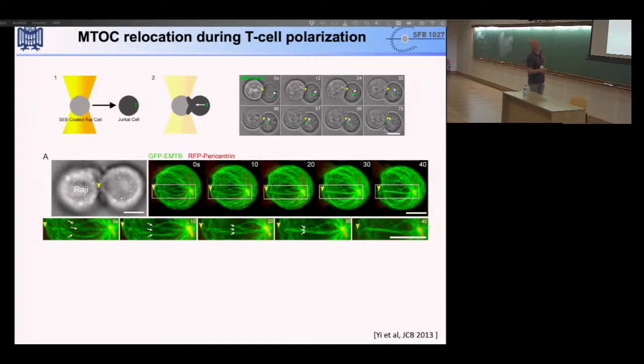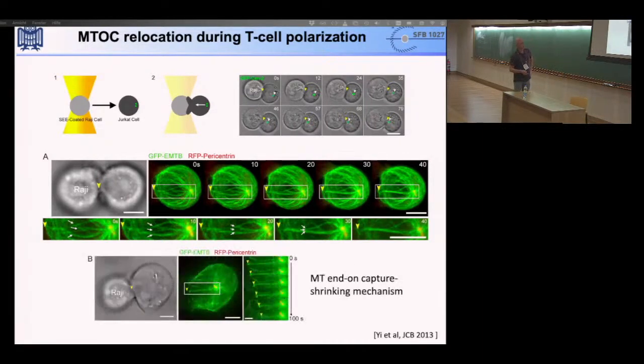And the funny thing is that apparently, here you have 3 microtubules attached to the immunological synapse. And then when dynein exerts forces, they clap together due to mass action.